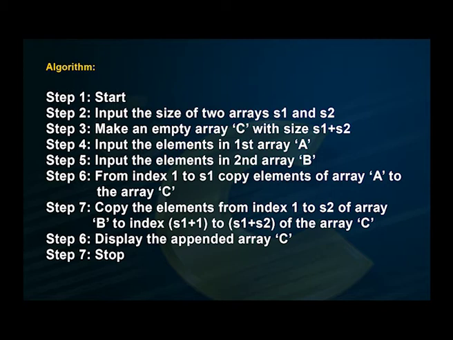Step 6, from index 1 to S1, copy elements of array A to the array C. Step 7, copy the elements from index 1 to S2 of array B to index S1 plus 1 to S1 plus S2 of the array C. Step 8, display the appended array C. Step 9, stop.